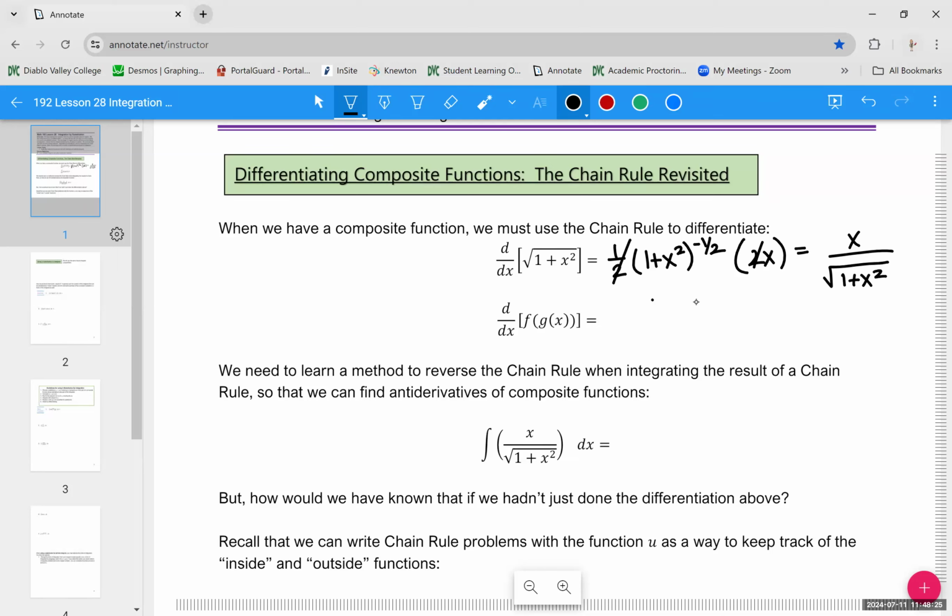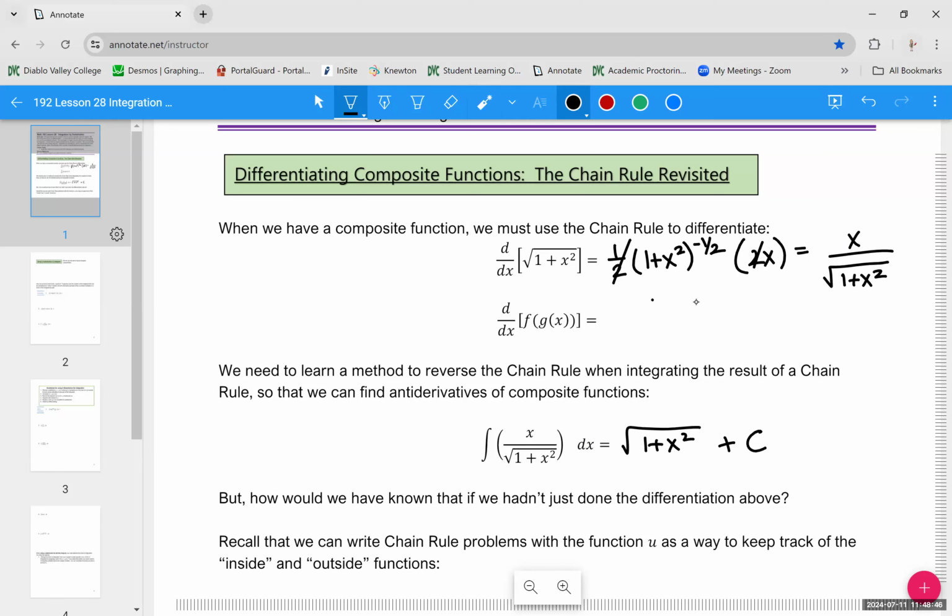Okay. So down below here, if I'm looking at the indefinite integral, so I'm looking for the antiderivative of x over the square root of 1 plus x squared, I know that its antiderivative from the work I just did above will be the square root of 1 plus x squared plus c, of course.